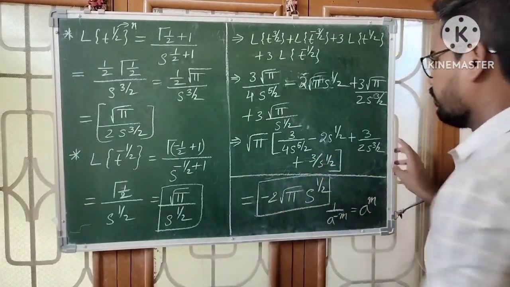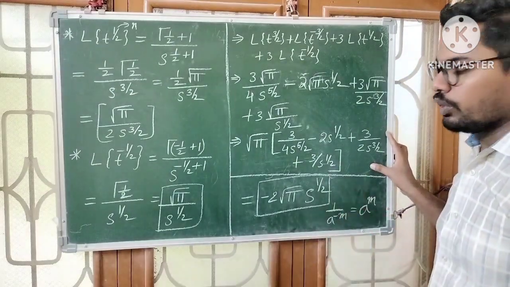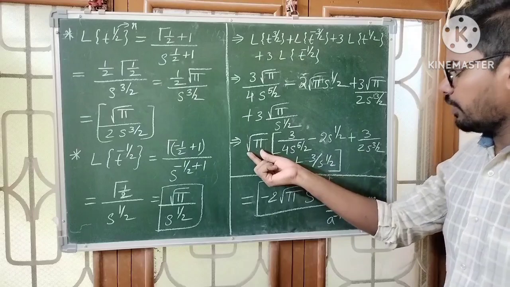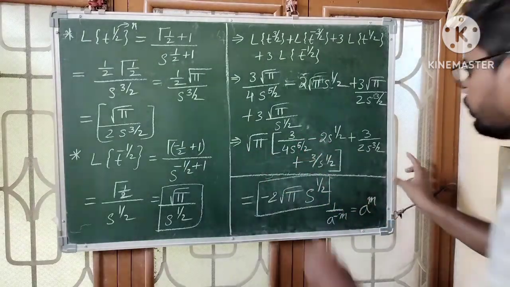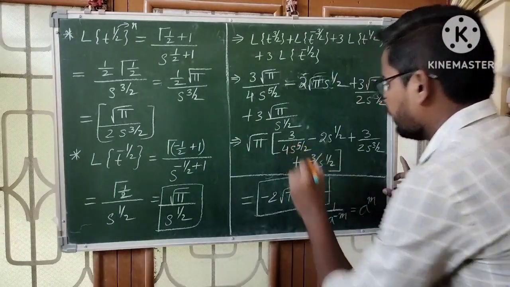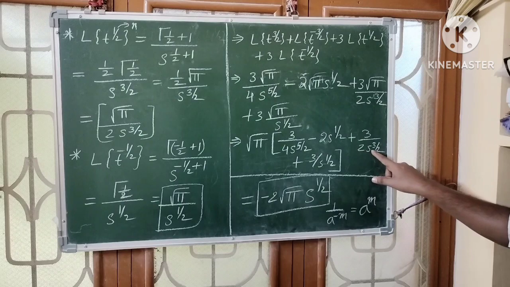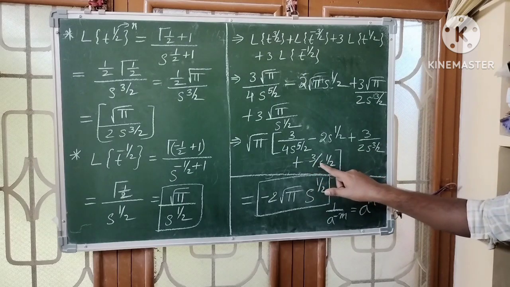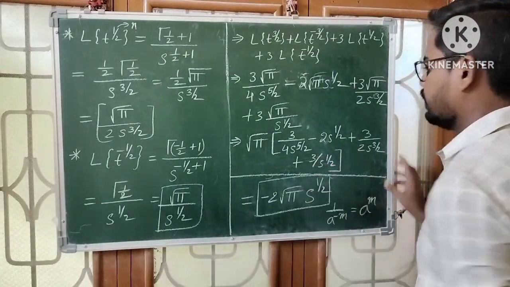Therefore, what is the final answer? Laplace transform of root t plus 1 by root 2 whole cube is equal to root pi times 3 by 4 s power 5 by 2 minus 2 s power 1 by 2 plus 3 by 2 into s power 3 by 2 plus 3 by s power 1 by 2. So this is the final answer.